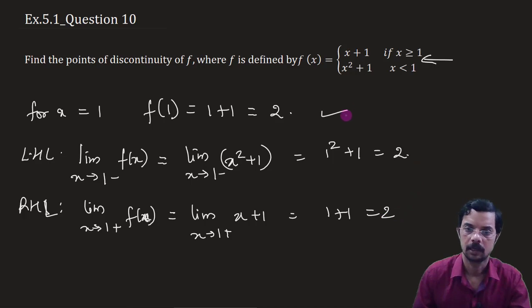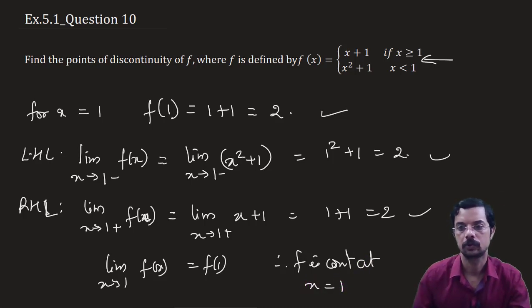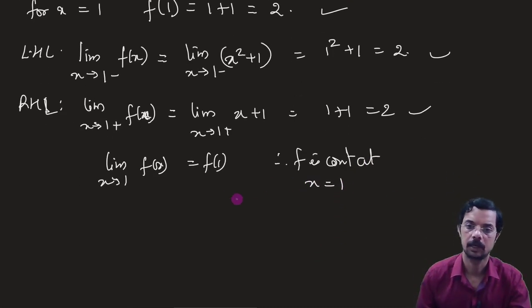So here all of these are equal. Therefore limit x tends to 1, f of x is equal to f of 1. So f is continuous at x equal to 1. Also it is continuous for all x less than 1, and it is also continuous for x greater than 1.